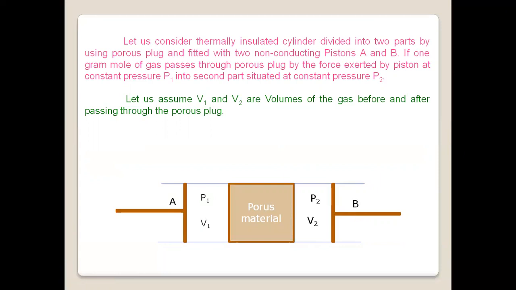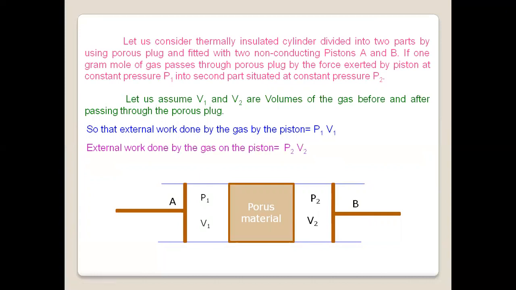According to thermodynamics, dW is equal to P dV, the amount of work done is pressure P times the change in volume. Now the work done on the gas is P1 V1. Similarly, in the second compartment, the work done by the gas on the piston is P2 V2.